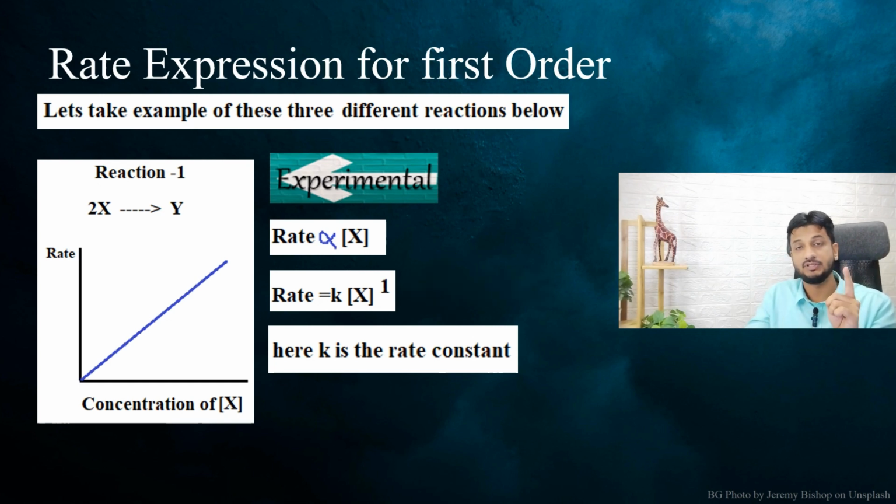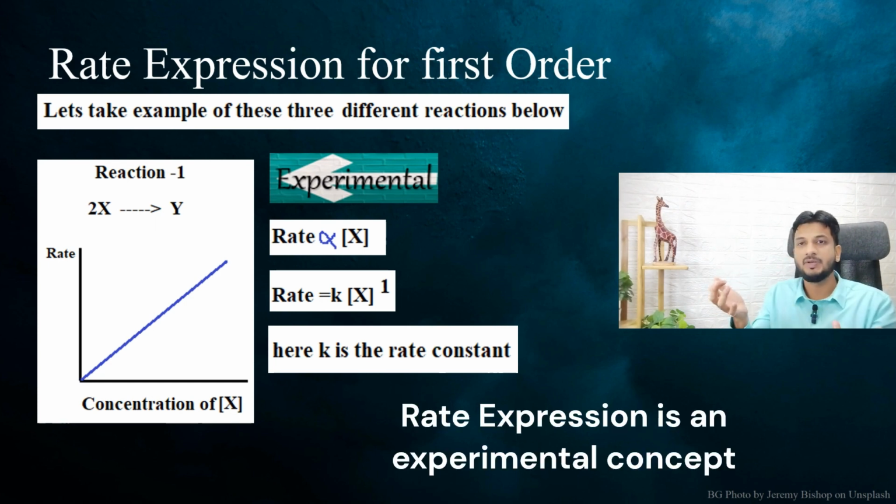This is the rate expression. So dependency is an experimental concept, rate constant is an experimental concept, and rate law or rate expression is also an experimental concept. These three have nothing to do with the balancing or the molar stoichiometric coefficient of the reactant. So that 2 here does not affect any of these.